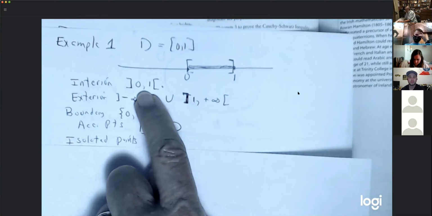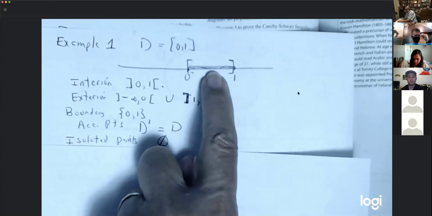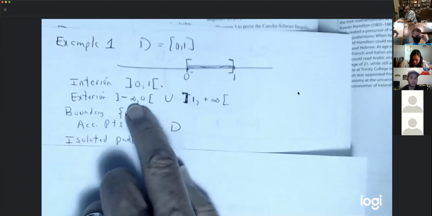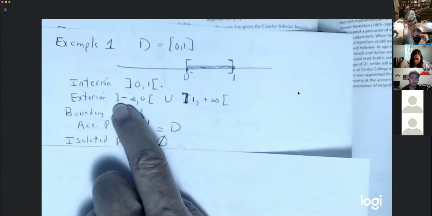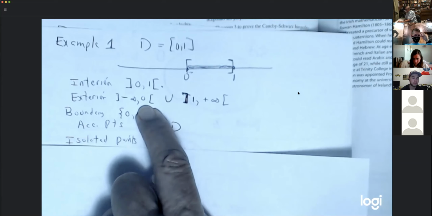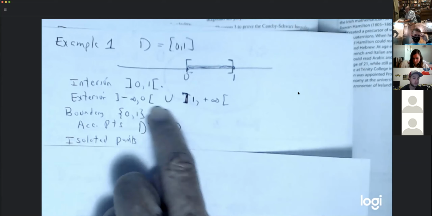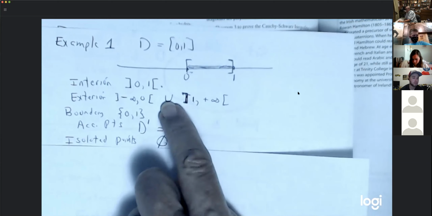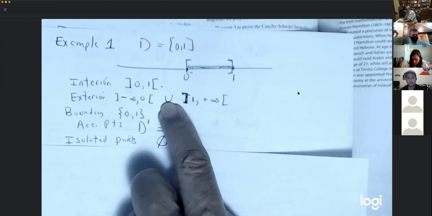What's exterior to the closed interval? It'd be everything over here and over here, and we write that as everything from minus infinity to 0, not including 0, everything from 1 to infinity, and we want to talk about both, so we say union. It's everything in one place or the other, not intersection, union.